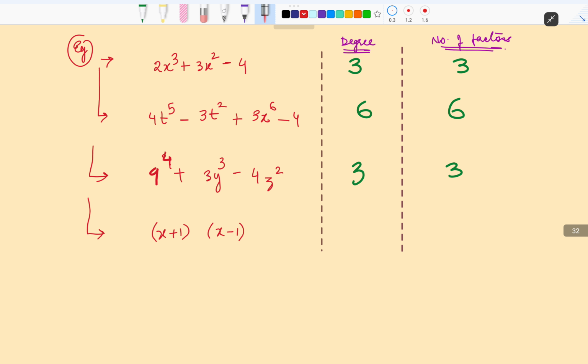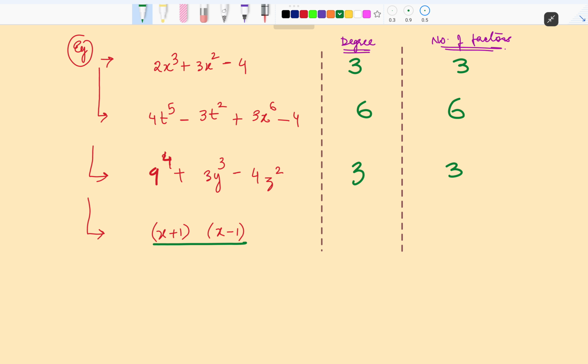Now the last one. Ab ye bhi dhyan se dekho, x plus 1 into x minus 1. Ab yahan x variable ka power 1 hai, yahan bhi 1 hai. Are you telling me that the degree of this variable is going to be 1? No, bachche. And why not? Because this polynomial is not in its simplified form. Whenever you find the degree of any polynomial, you first bring that polynomial into its simplified form.